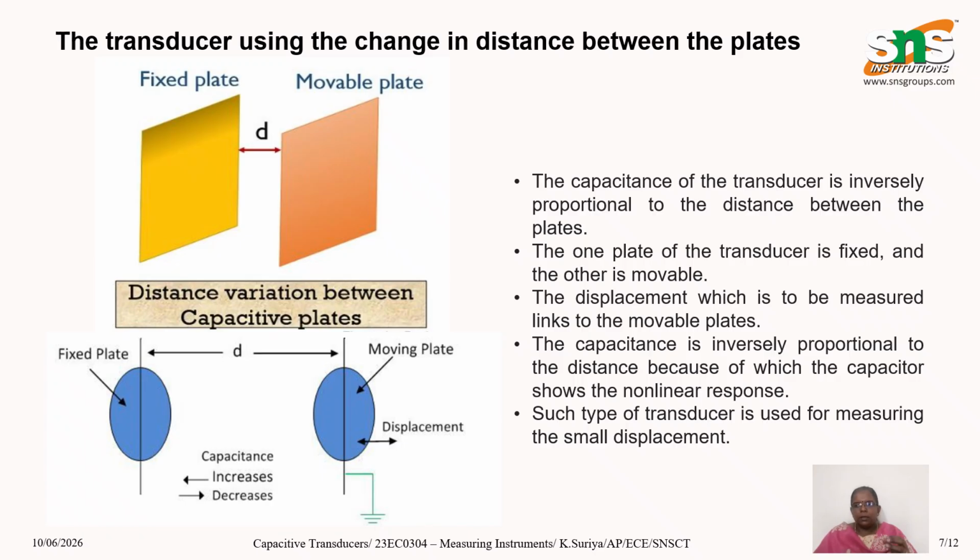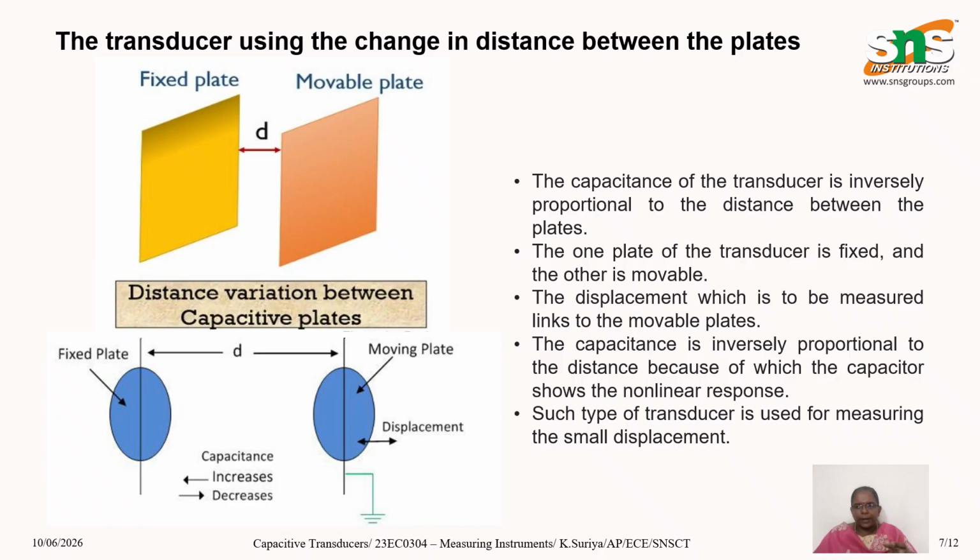The second important type of capacitive transducer operates by varying the distance between the capacitor plates. In this design, one plate remains fixed while the other plate is movable and connected to the object whose displacement is to be measured. When the object moves, the spacing between the plates changes. Since the capacitance is inversely proportional to the distance between the plates, a decrease in distance causes an increase in the capacitance, while an increase in the distance causes a decrease in the capacitance value.